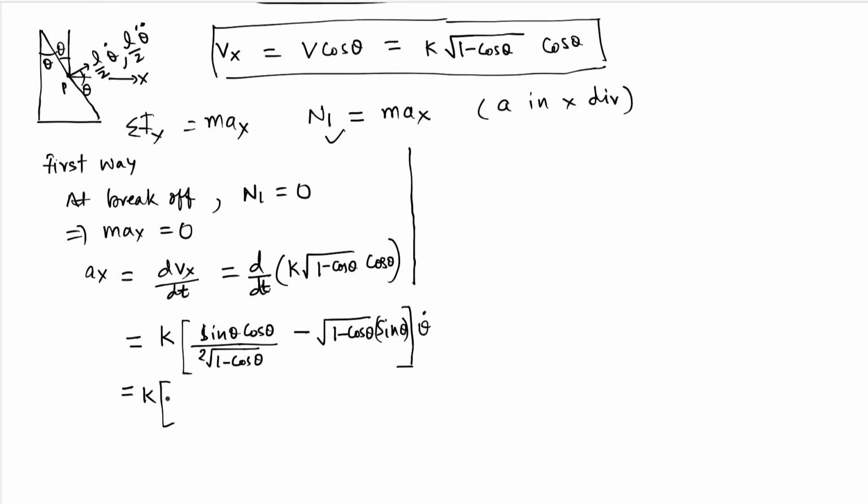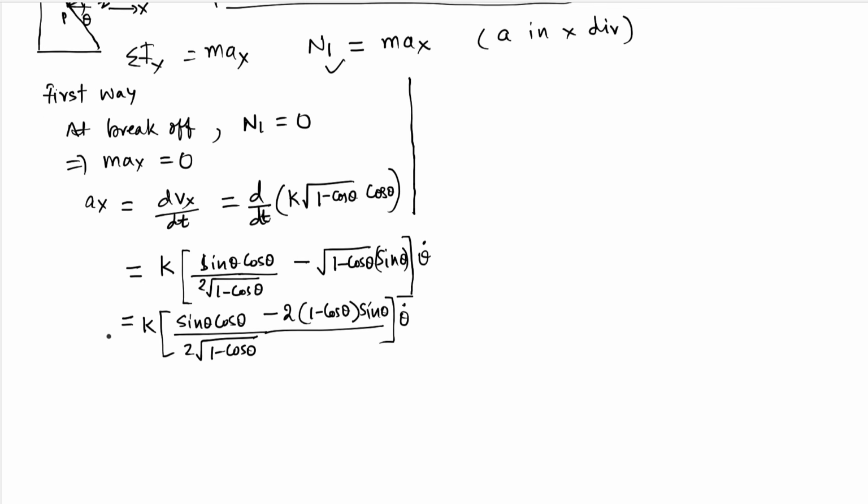Therefore, k sin theta cos theta by 2 root of 1 minus cos theta. If we take this as common, then this will become 2 root of 1 minus cos theta, sin theta, theta dot. Okay, and therefore we can take the sin theta outside, 3 cos theta minus 2 divided by 2 root of 1 minus cos theta, and theta dot.